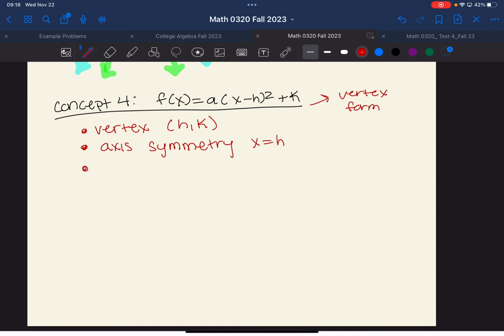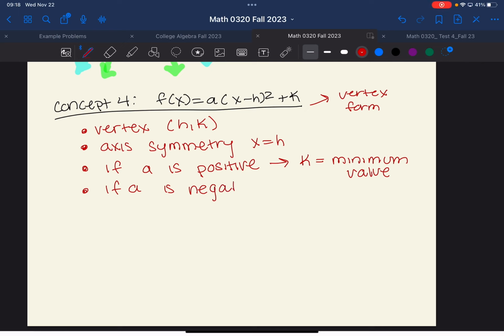And then next, if a is positive, so that means it opens up, that implies that k is the minimum value. And then the opposite is true. If a is negative, then k is the maximum value.